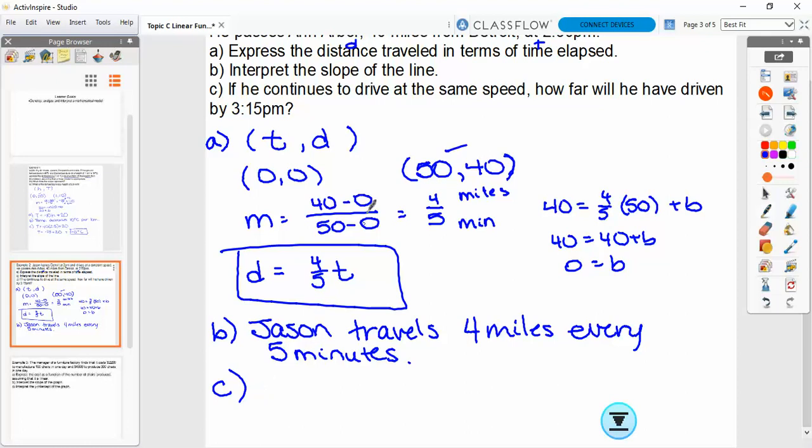C. If he goes the same speed, how far will he have driven by 3:15 p.m.? So how much time has passed? We started at 2, so at 3:15, 1 hour and 15 minutes. Now when we set this up, when we did our slope, 40 was in miles and the time was in minutes, so let's do our time in minutes.